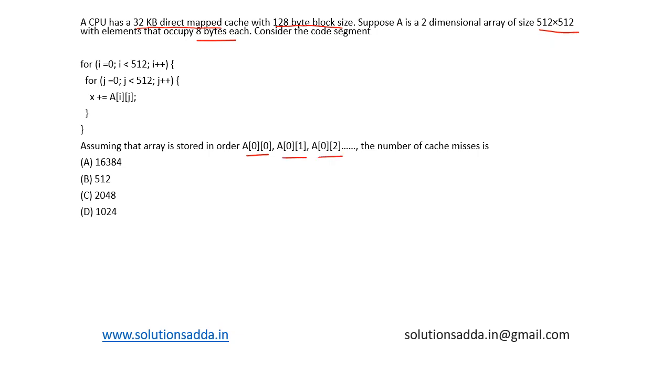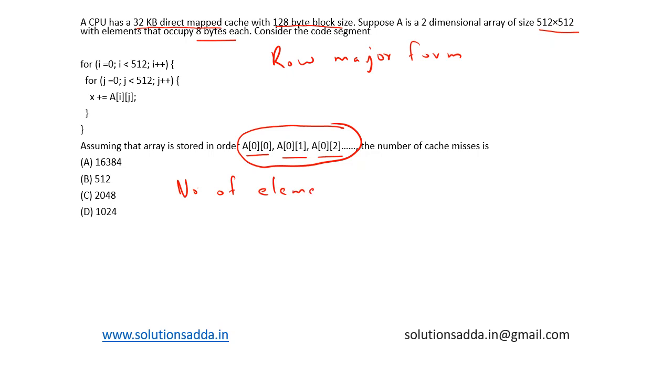So the array is stored in row major form. This is the important point that we can assume based on this. So let's see how to calculate the answer. The number of elements in one block of the cache: the cache block size is 128 and each element is 8 bytes.